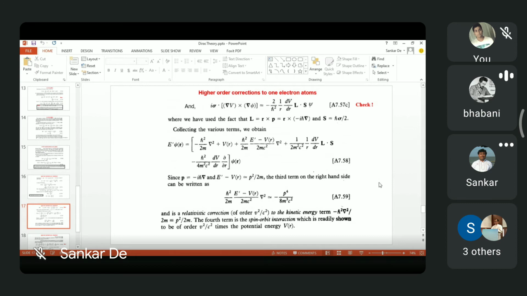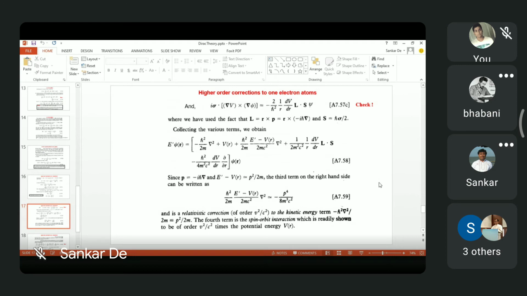So we have here minus 2 by h cross square, 1 by r dV dr, L dot S into psi. So L here is r cross minus i h cross delta, and this is h cross delta by 2. Okay, sir, one second, I got it.